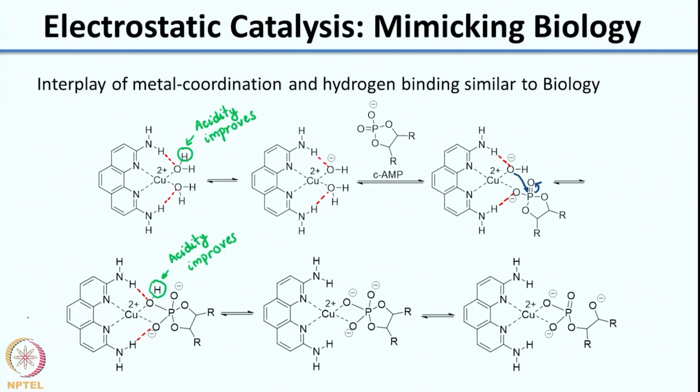Once you have this deprotonated intermediate, you will have this free O minus come in and kick out this leaving group to give you the product, which is your hydrolyzed product. So shown here is a very nice interplay of metal coordination and hydrogen bonding, similar to what is seen in biology, in the design of the catalyst.